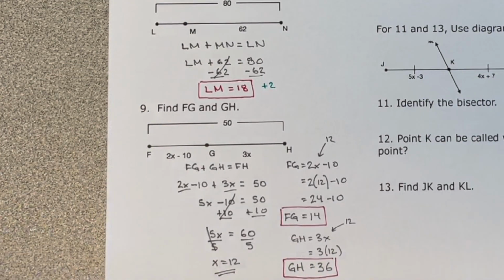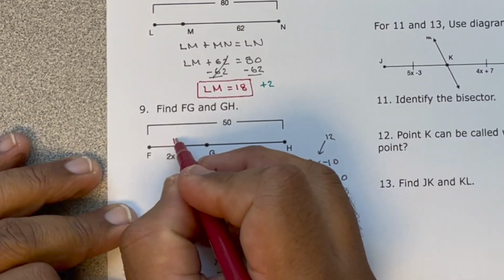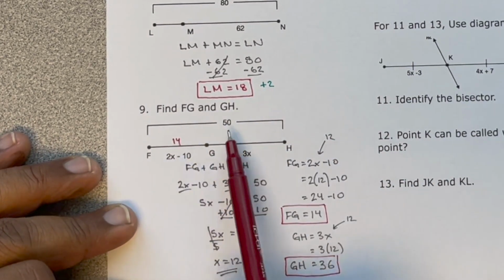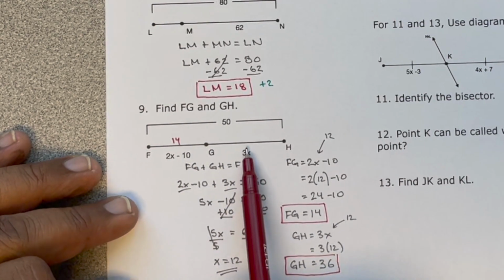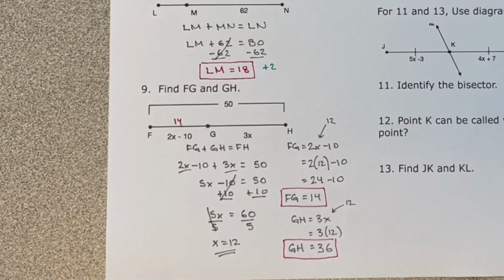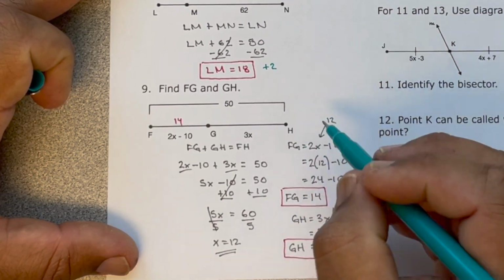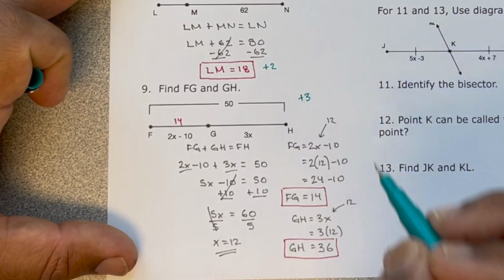Another way that you could have solved that is, now that you know that this is 14 up here, you could have taken 50 minus 14, much like you did in number 8. Alright, this one was a little bit more work. You have to find x and then plug it into 2 different places, so I'd give this 3 points.